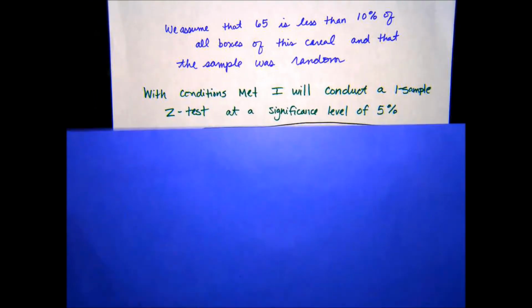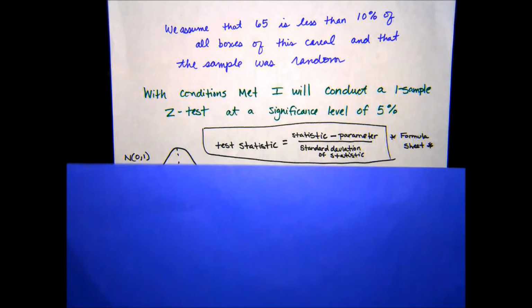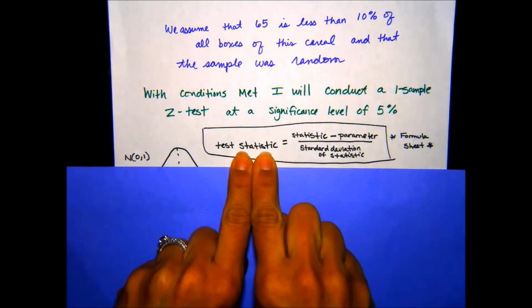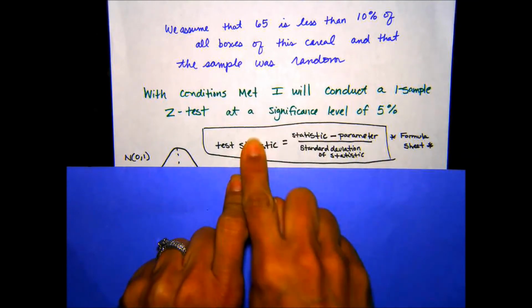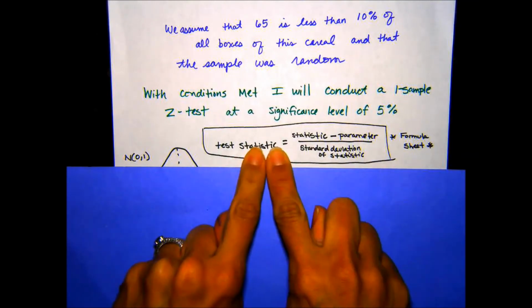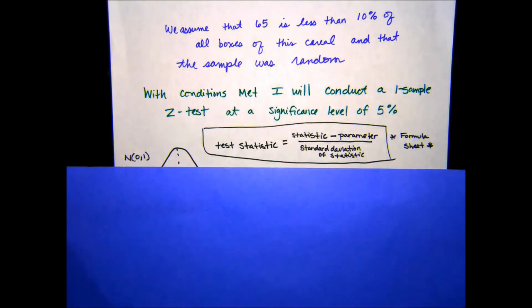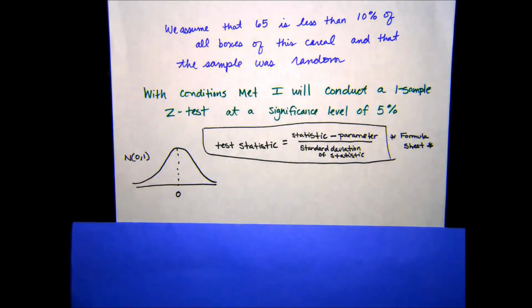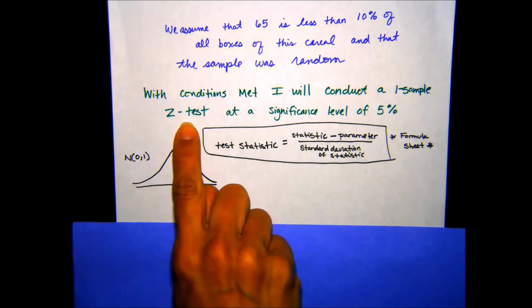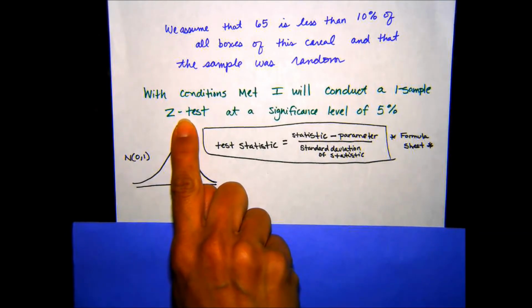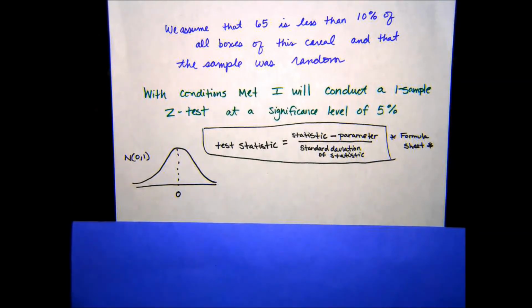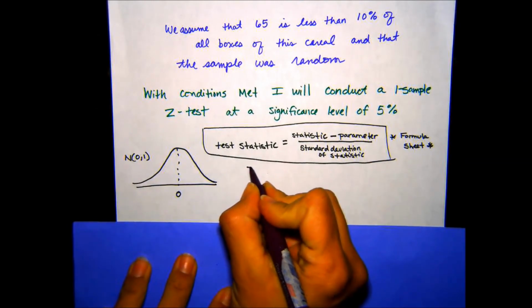Okay, so then the next thing I'm going to have to do is the calculations. I need my test statistic. Remember, this is all that's on your formula sheet. Your test statistic is statistic minus parameter divided by the standard deviation of the statistic. Since I've said I'm going to do a one proportion Z test, I know my test statistic is a Z. I'm going to be working on a curve centered around 0, standard deviation of 1.